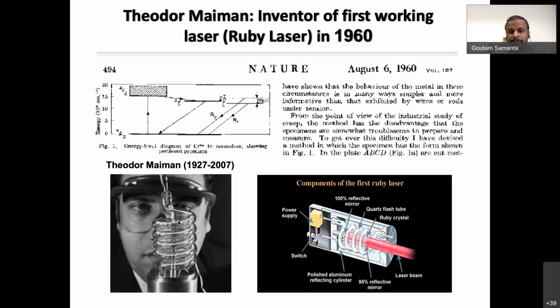Everybody was believing in four-level laser systems, the simplest one, where one can easily get laser action. But this man believed in his thought, used a three-level laser system, and made the laser work. That is how the field started.